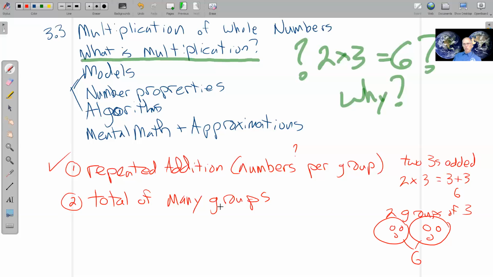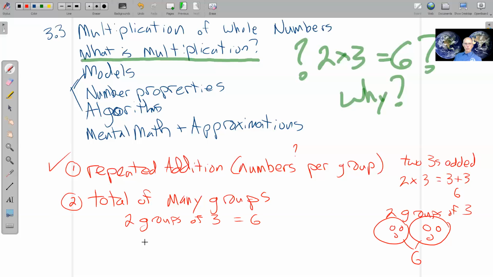And then total of many groups. I'm thinking that might be the same thing here. Does that seem reasonable? Yes. Yeah, okay. So 2 groups of 3 is 2 times 3 or 6.